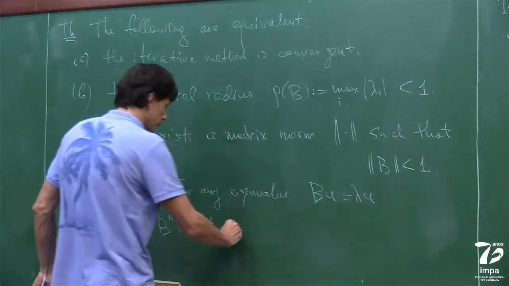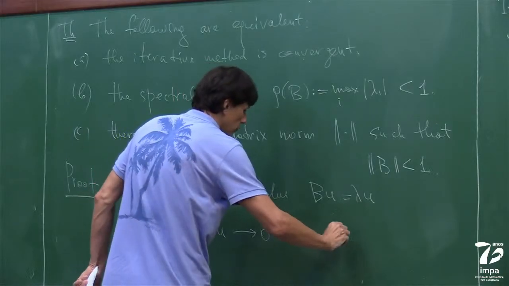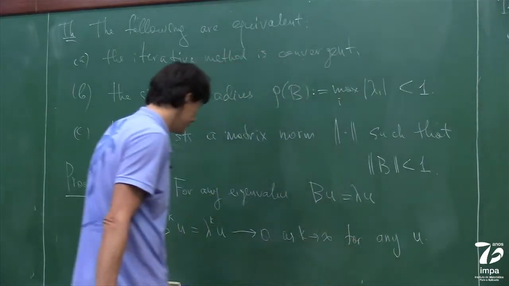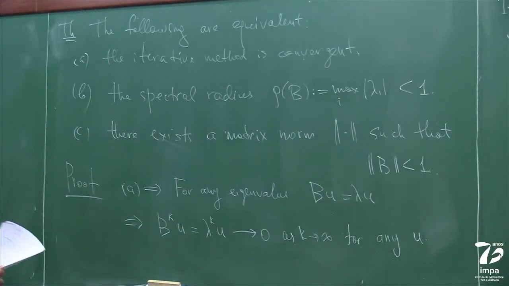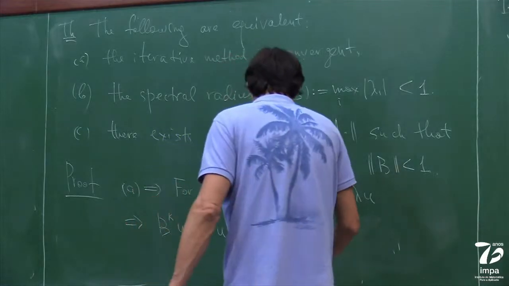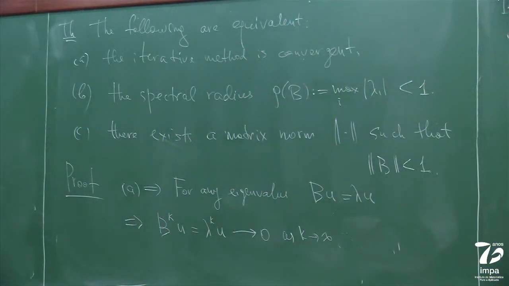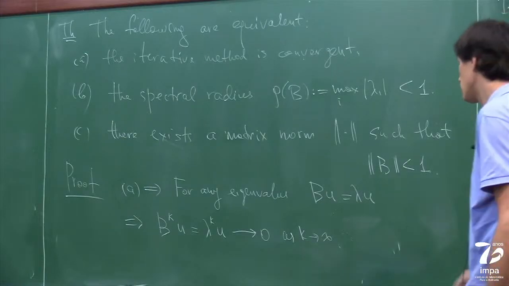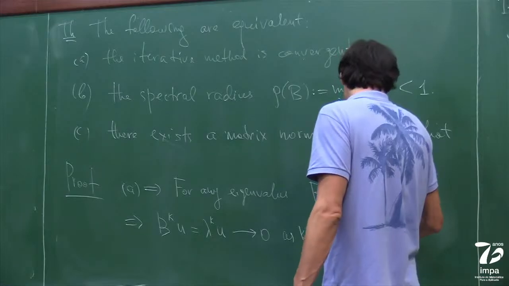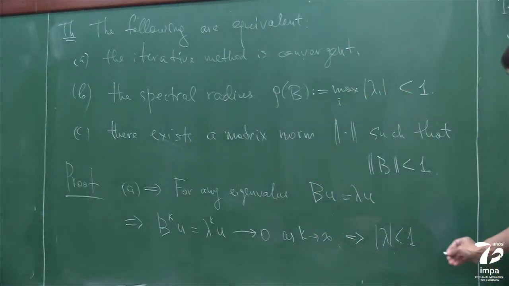It should go to 0 for any vector, but in particular for that eigenvector u. And this means that the absolute value of lambda should be smaller than 1, because it's the only way it goes to 0.